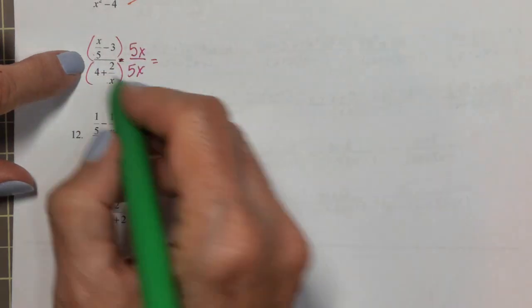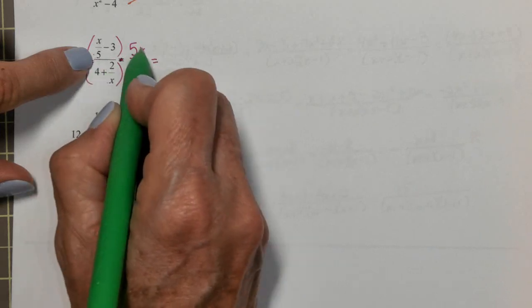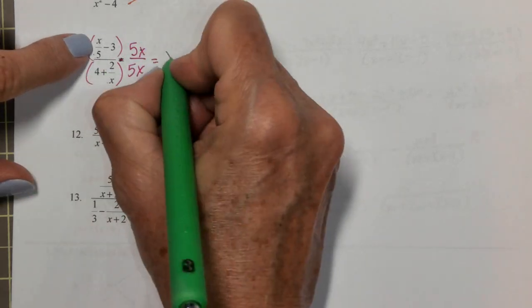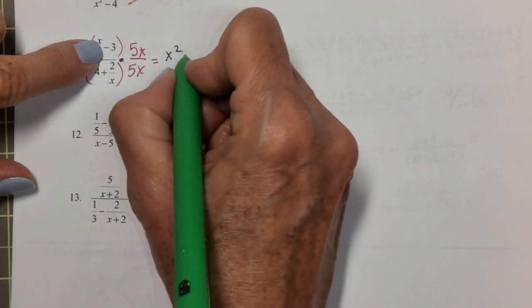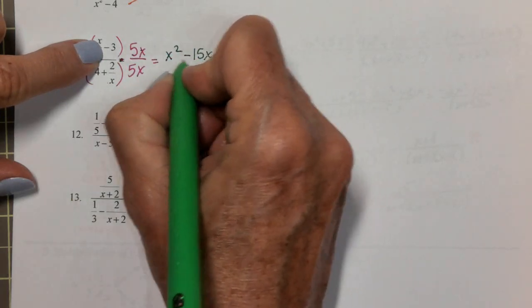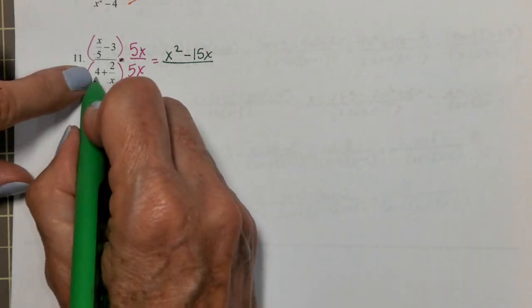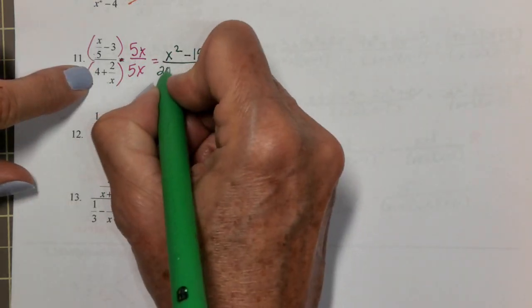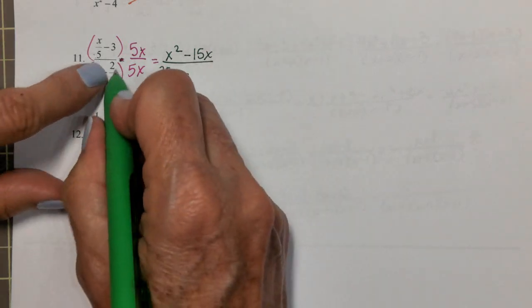All right, x over 5 times 5x. The 5's cancel, and we're left with x squared. Minus 3 times 5x, that's going to be a minus 15x. Divided by 4 times 5x is 20x, plus 2 over x.